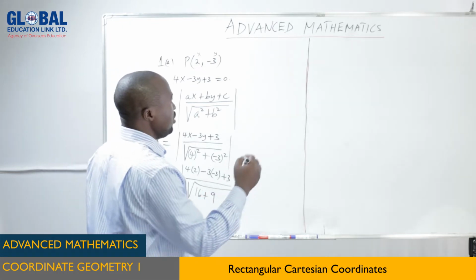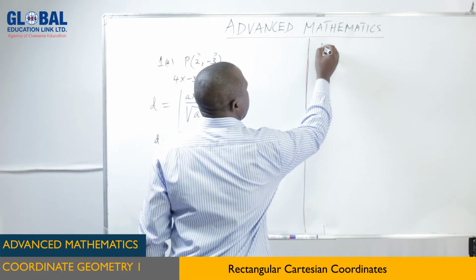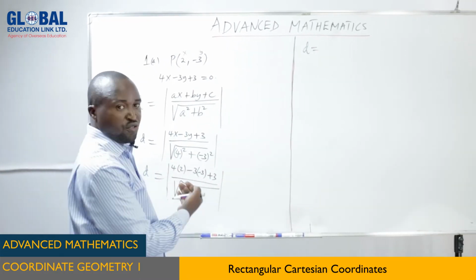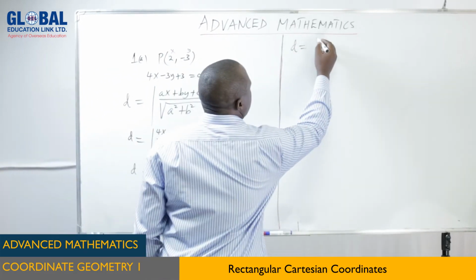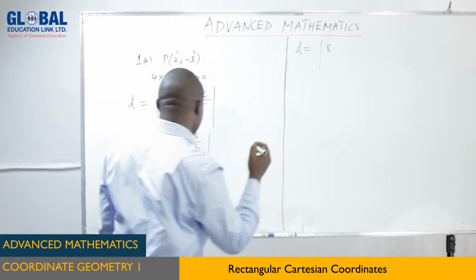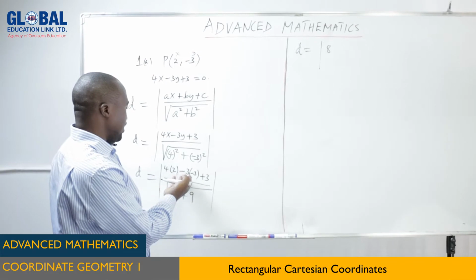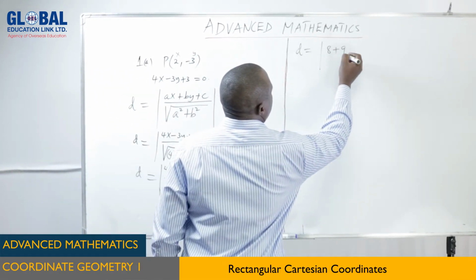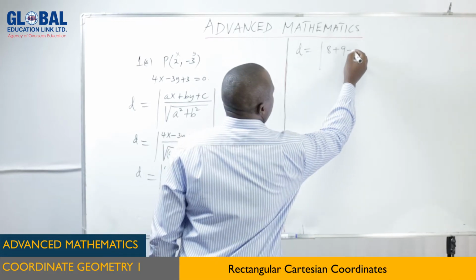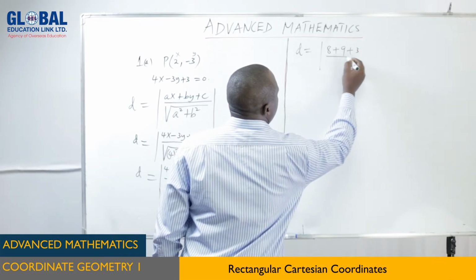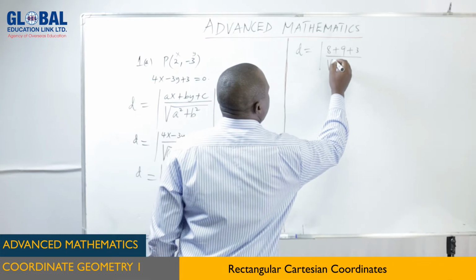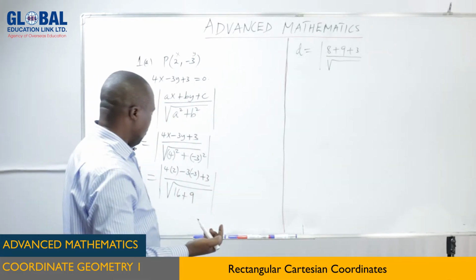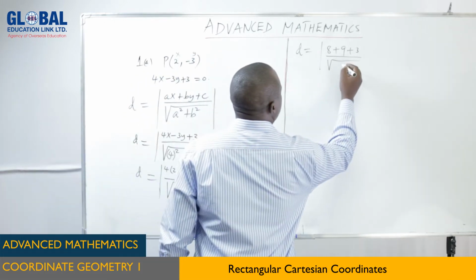So the perpendicular distance will be equal to, here we have 4 times 2, that is 8. Then we have negative 3 times negative 3, that is positive 9. Then plus 3, over, this time, 16 plus 9, which is equal to 25.